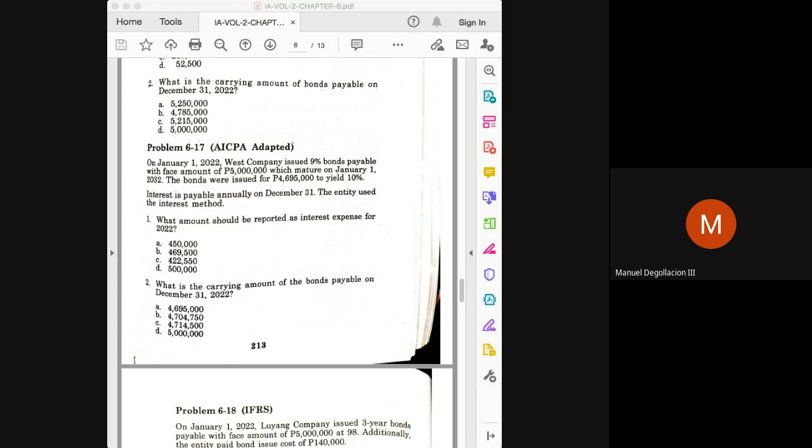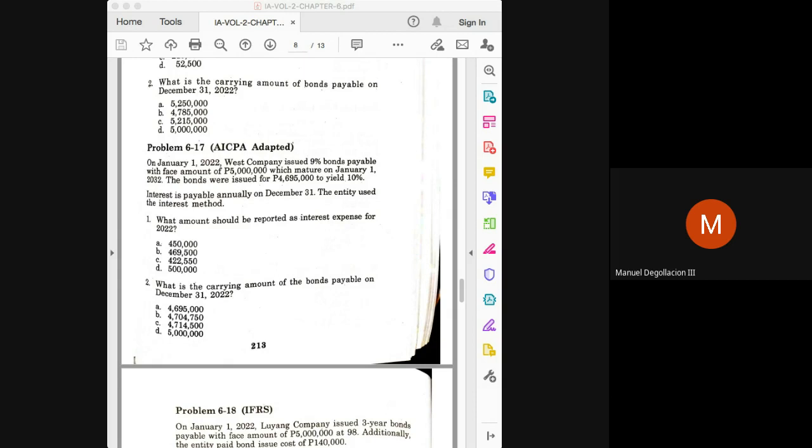You start first by determining the initial discount. How much is the initial discount? The initial discount here is 305,000. And how did we get the 305,000? The face value is 5 million and the issued price is 4,695,000. It was issued at a discount of 305,000.